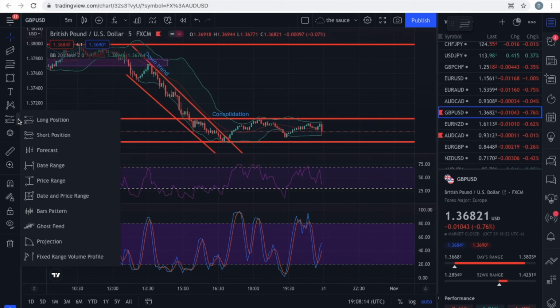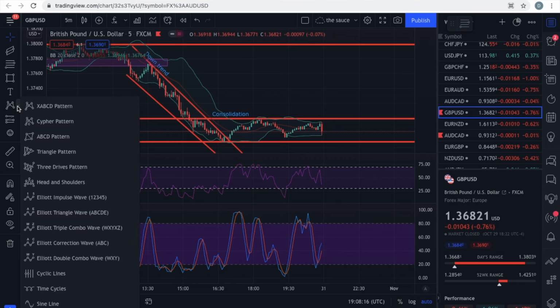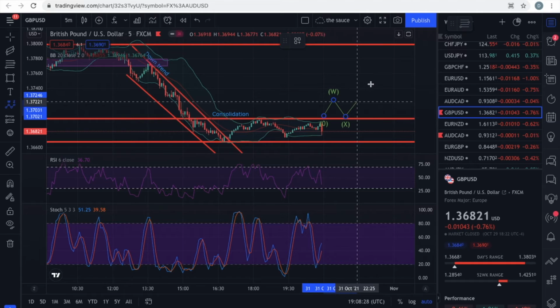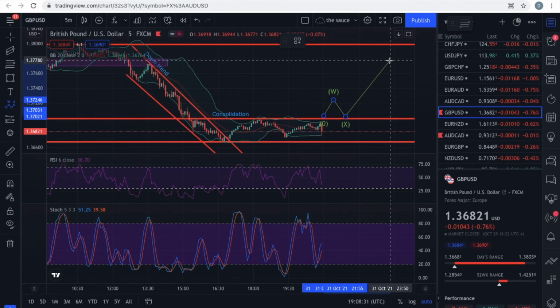Where are my diagrams? Comes up here, gives me that retest, straight up. You understand?